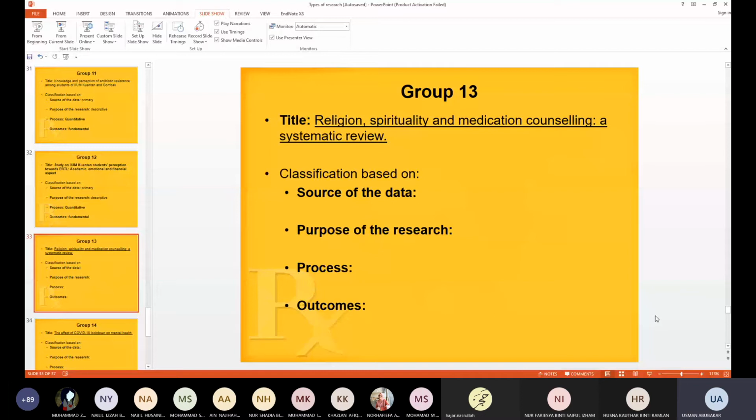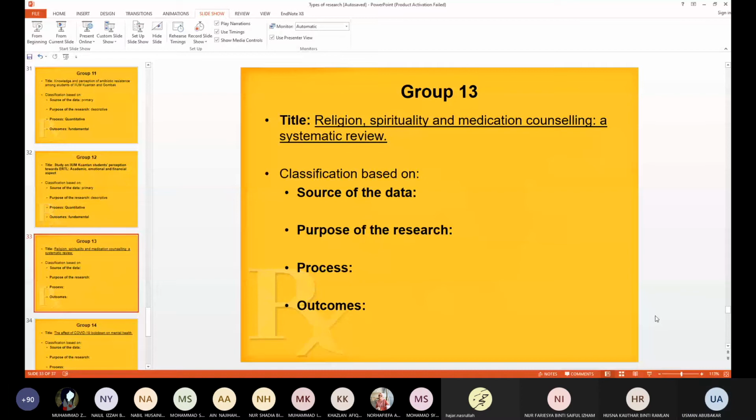Okay, are you looking at association between variables? Sorry, Doctor, I can't hear you clearly. Okay, are you looking at association between variables? Yes, Doctor. We want to see the interconnection between religion and spirituality in terms of medication counseling, whether it is better or not.